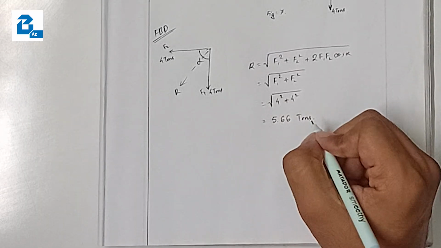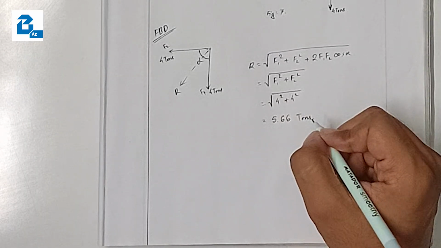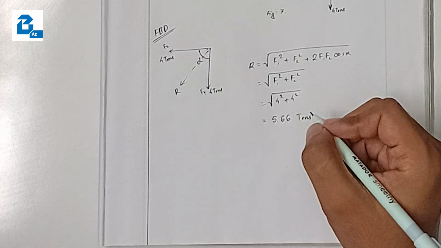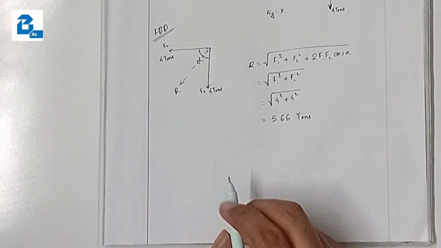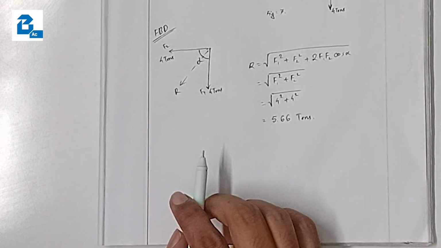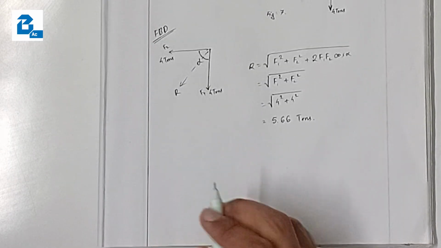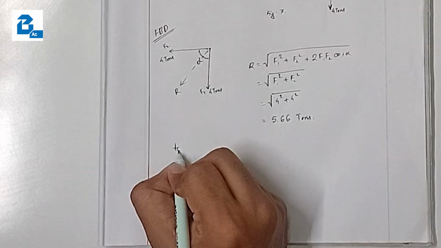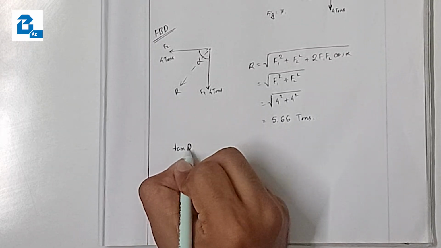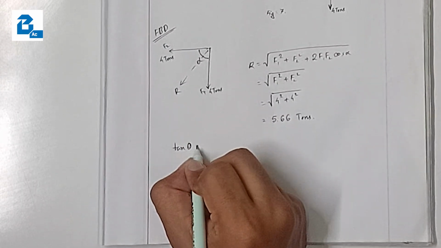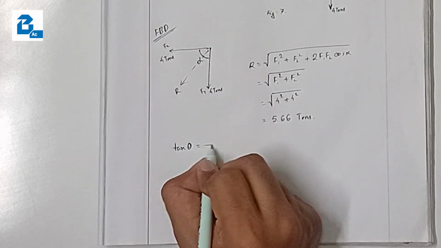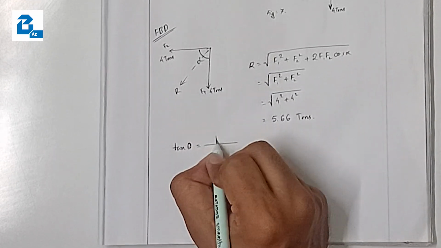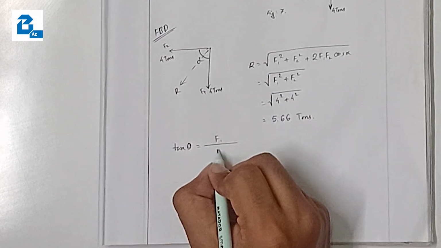Now we will have to find the angle of the resultant. Since both components are in the horizontal and vertical axis, we can write tan theta equals F1 by F2.